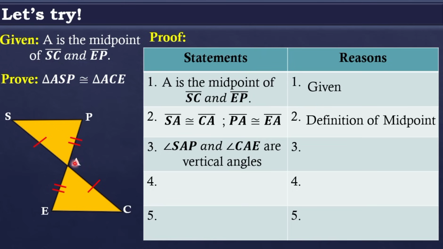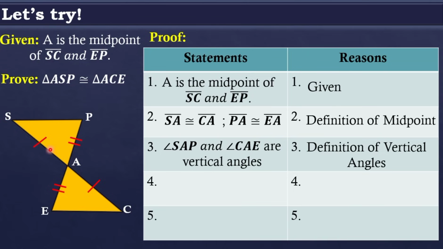Angle SAP and angle CAE are vertical angles. So, that is by definition of vertical angles. So, ano ba yung definition of vertical angles? Na kapag meron tayong intersection ng two lines, yung angle po na nabubuo natin doon are vertical angles. So, meron tayong intersection ng two lines, the SC and the PE.